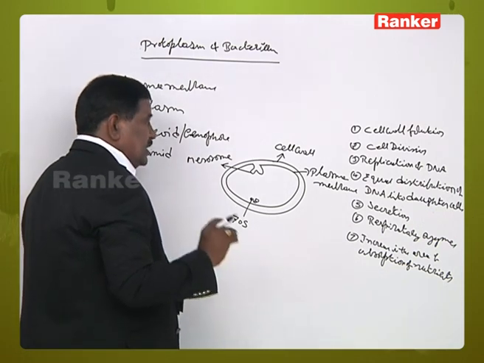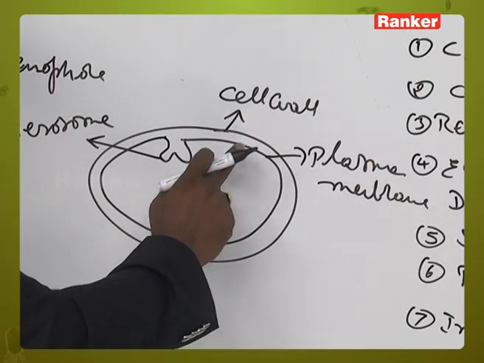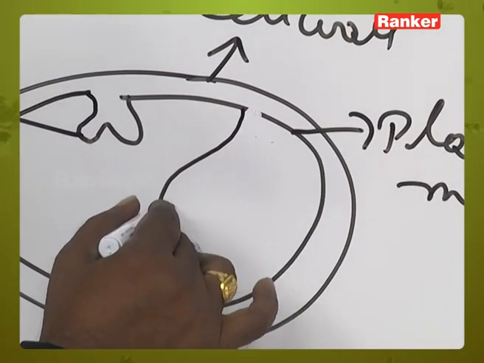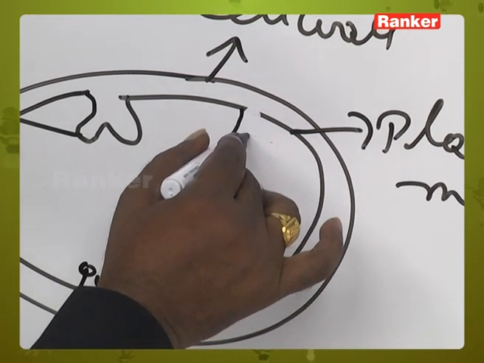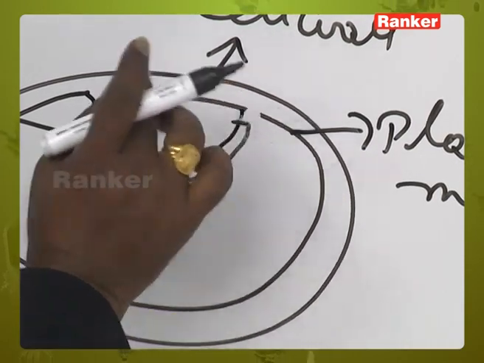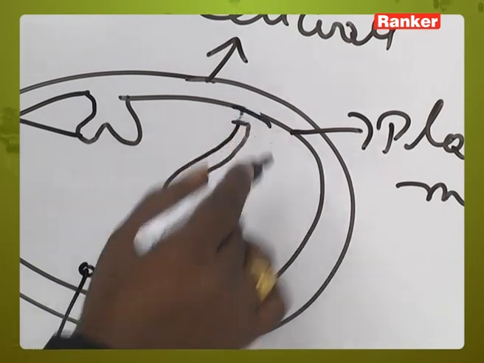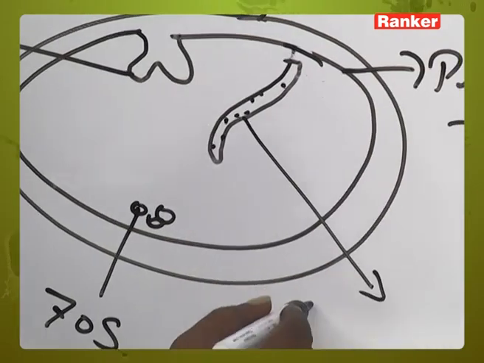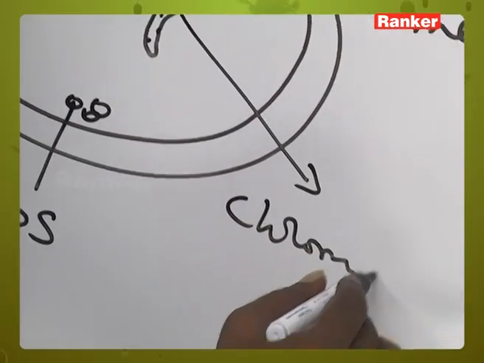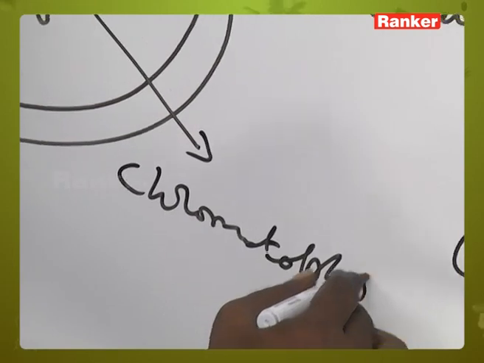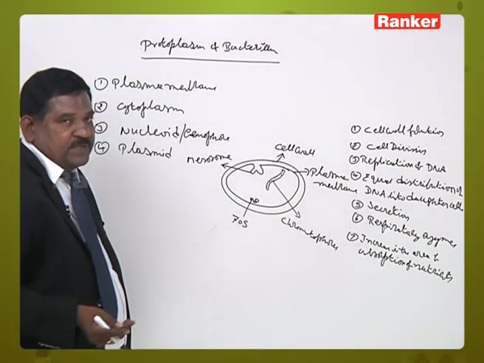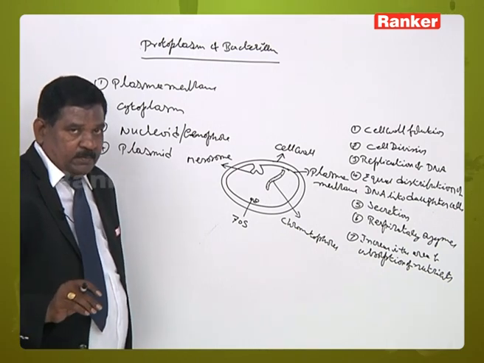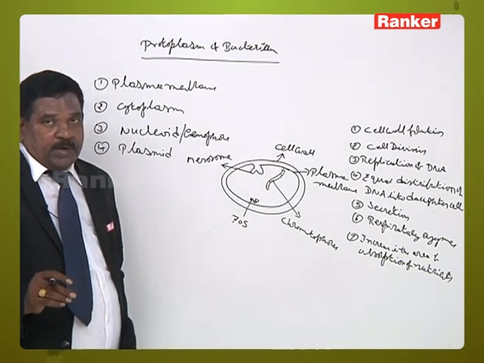In some photosynthetic bacteria, the plasma membrane invaginates and separates from the plasma membrane, and consists of pigments called chromatophores. Chloroplasts are absent. In photosynthetic bacteria, chromatophores are formed from the plasma membrane.